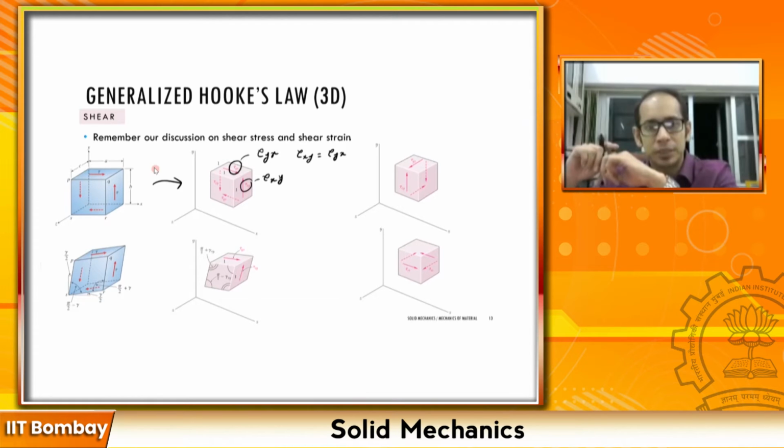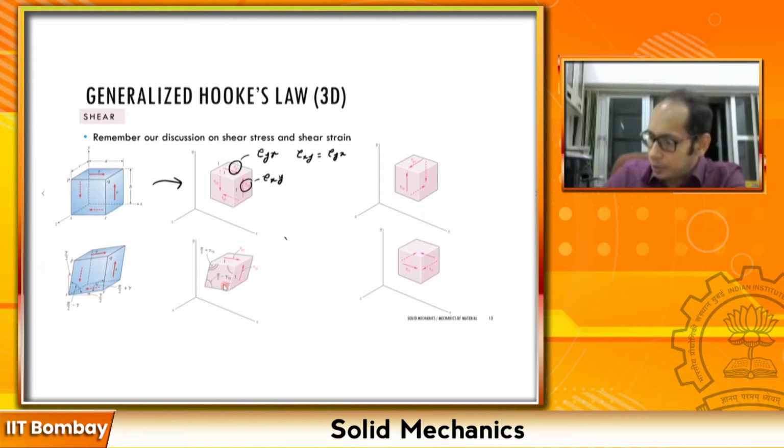Tau is the shear stress, and the corresponding strain is gamma, which is produced over here, right? Now remember, if this is called tau xy, then the strain is going to be called gamma xy. And do you remember the relationship between the shear stress and the shear strain? It is going to be tau xy equals G gamma xy. We had looked at this one over here, right? So this was along the xy.